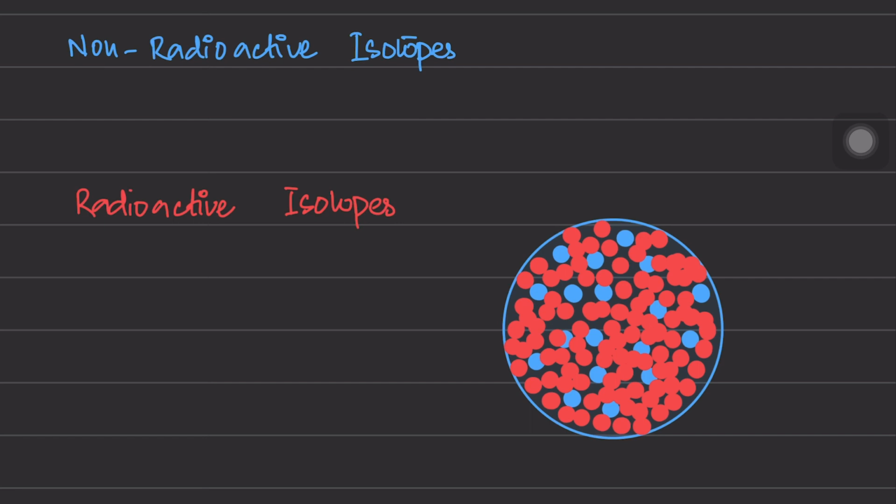When that number goes up, as the isotope starts getting bigger and bigger, its stability becomes more compromised. The more protons we have, the more repulsion you're going to have between the protons inside your nucleus. And there comes a point when the nucleus is going to break down.